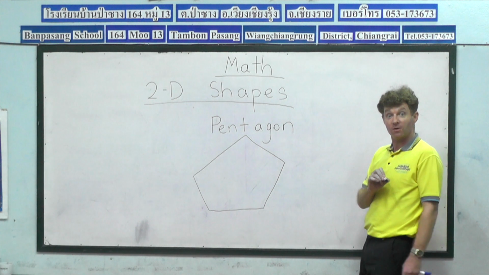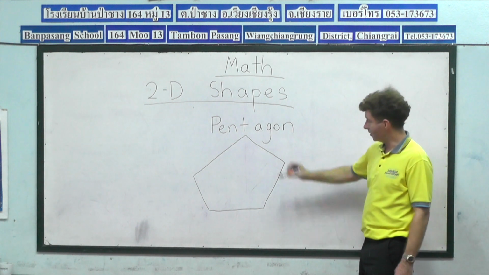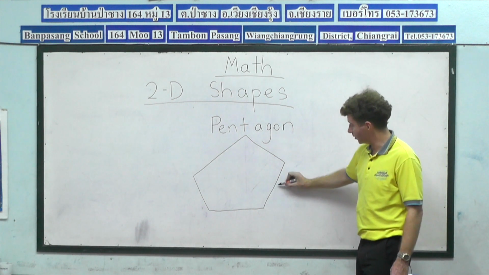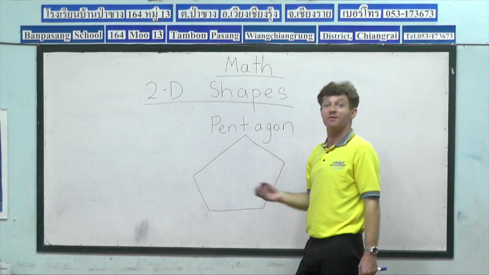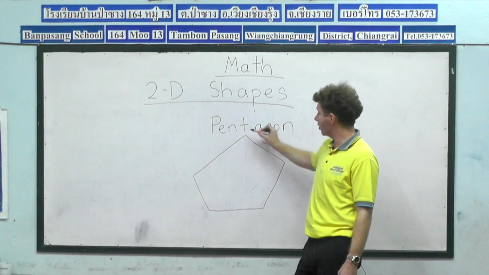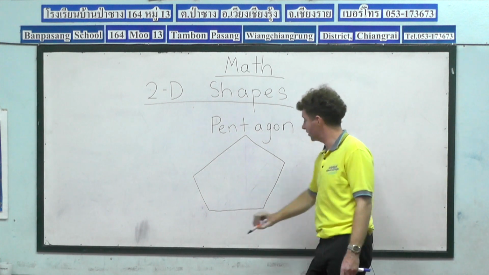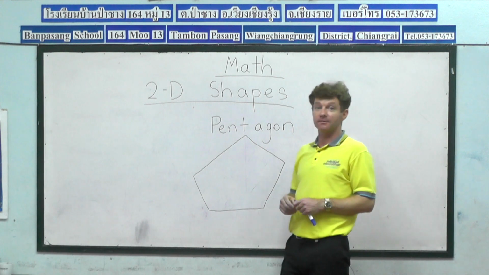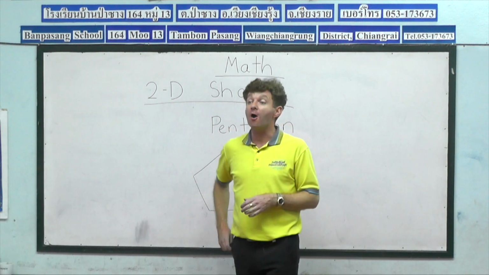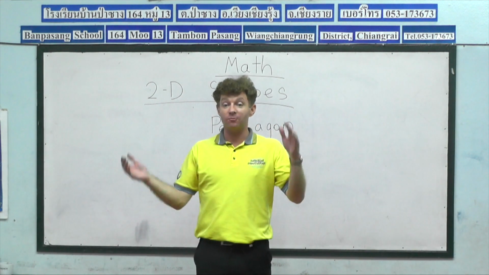Is it a pentagon yet? Yes. 1, 2, 3, 4, 5. 5 sides. 1, 2, 3, 4, 5 corners or angles. So that's how we make our pentagon. So well done, guys. Well remembered.